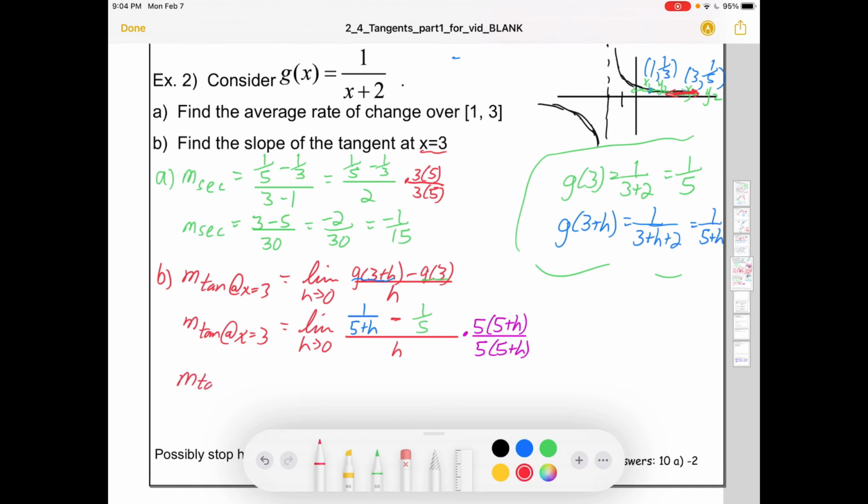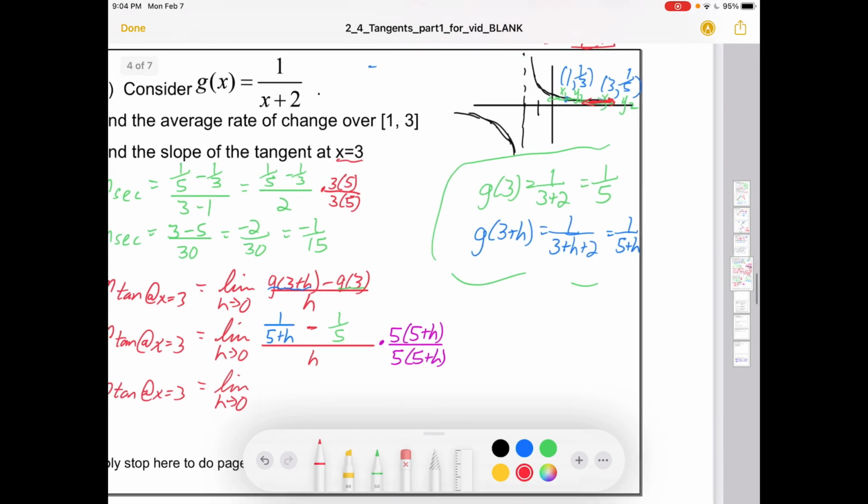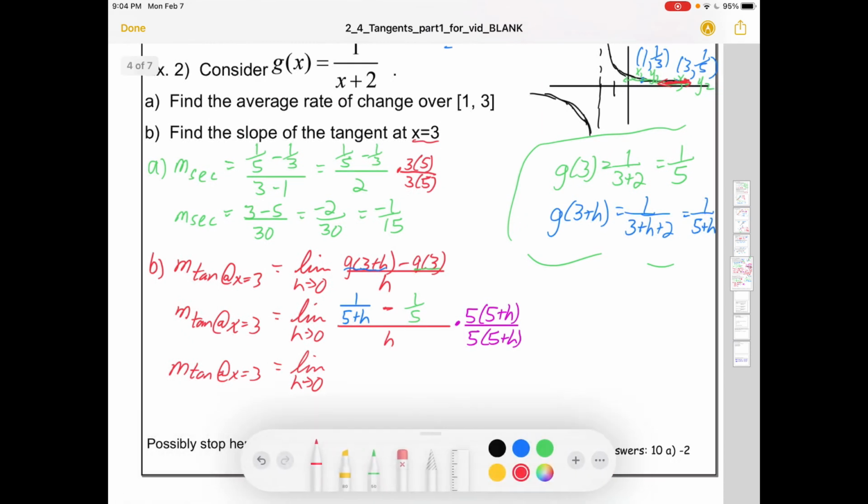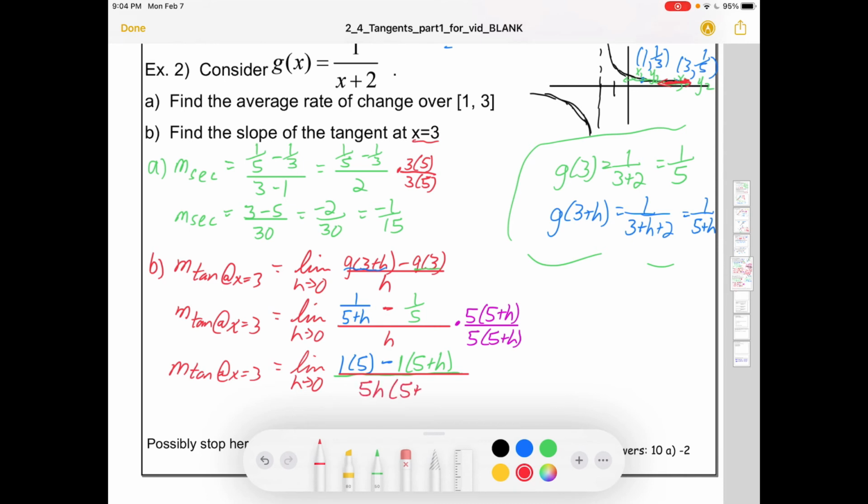And so that'll give us the slope of the tangent at x equals 3 is the limit as h goes to 0 of, we'll get 1 times 5 here, minus 1 times 5 plus h. And this will all be over, on the bottom, 5h times 5 plus h.